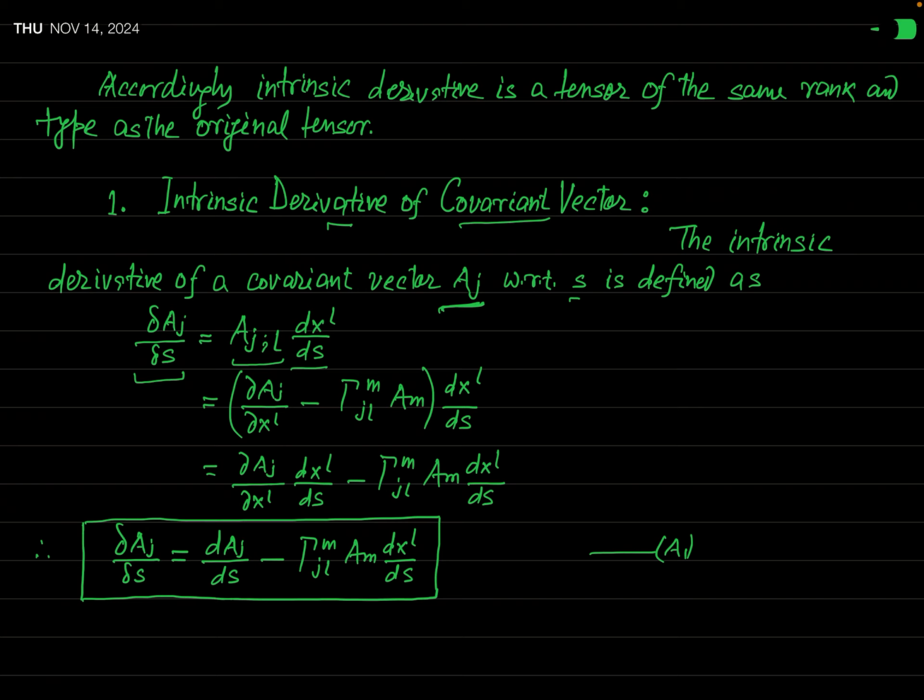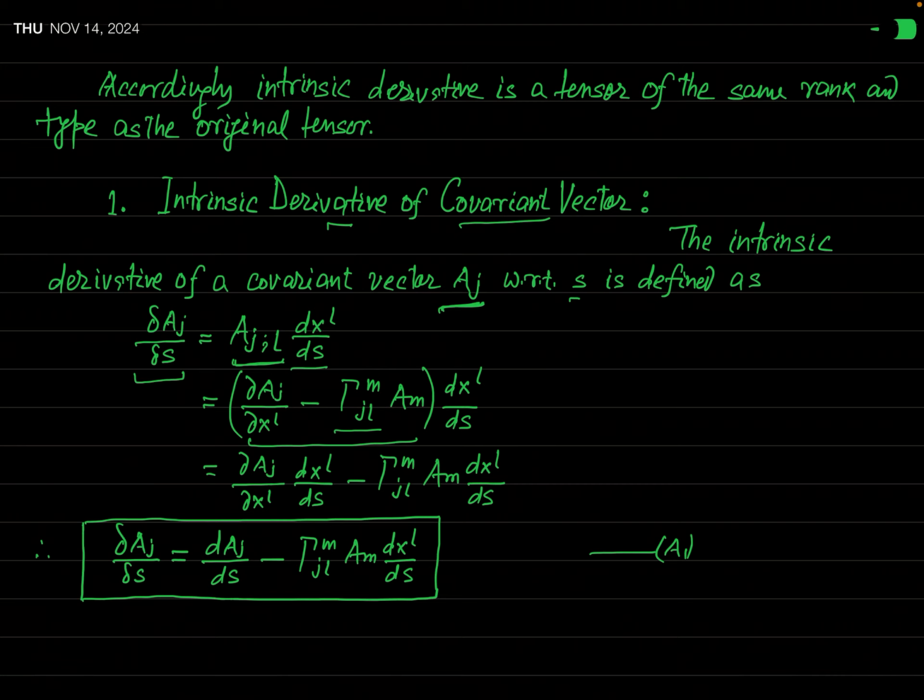But you can remember what you have learned earlier. When I discussed the covariant derivative of a covariant vector, you have seen that this aj comma l, which means the covariant derivative of aj with respect to l, is defined like this. This is del aj by del xl minus this second kind Christoffel symbol times am.